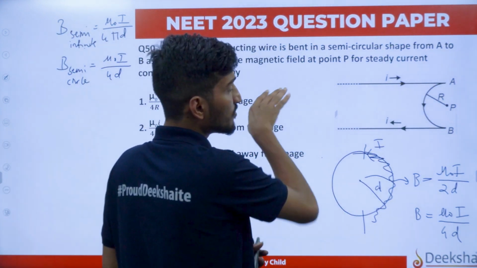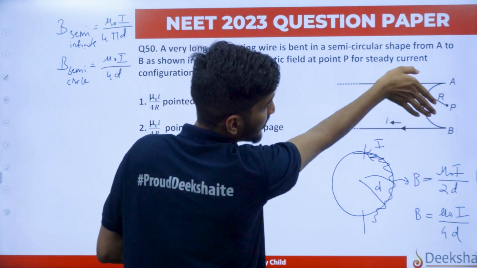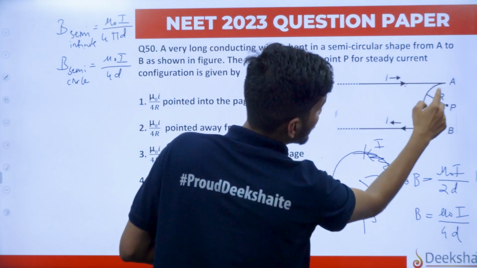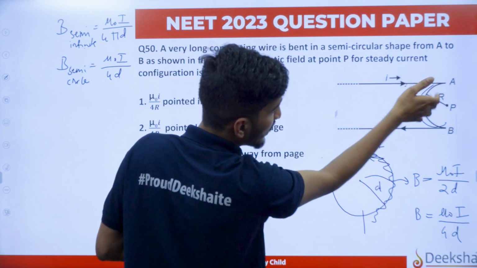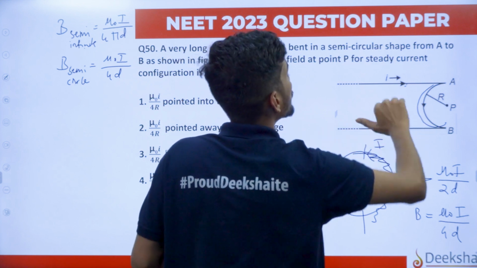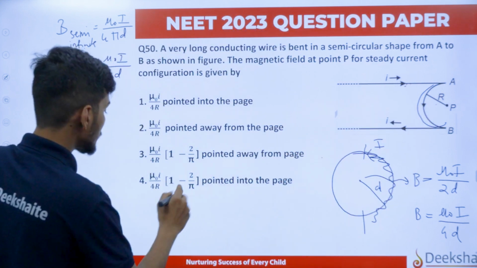First of all, let's use right hand thumb rule to calculate the direction of magnetic field due to this wire, segment AB, down. Let's use same thing to calculate magnetic field here. This one will have up. So this one down, this one up, and what about this one? Down. So these two will add up and this will subtract from them.